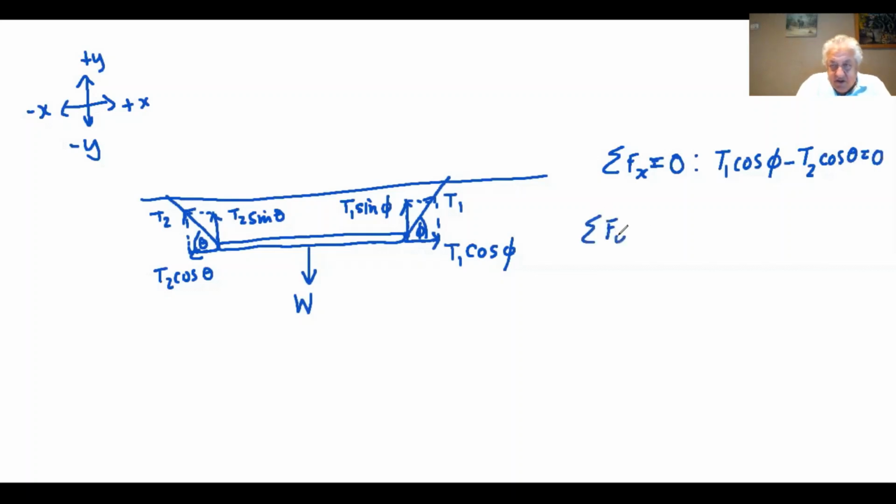My Fy condition equals 0. These are the two vertical forces, T2 sin theta and T1 sin phi, and these must balance the weight W. W is in the negative direction. So here, this one I'll need a bit more room. So T2 sin theta plus T1 sin phi minus W equals 0.